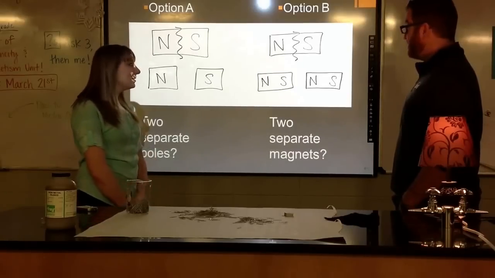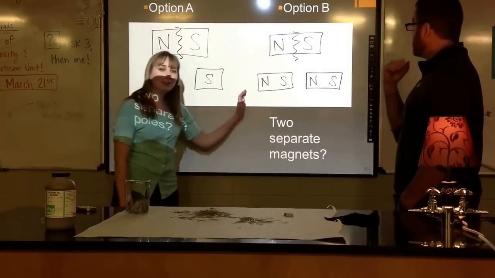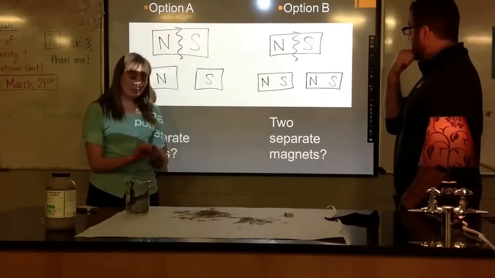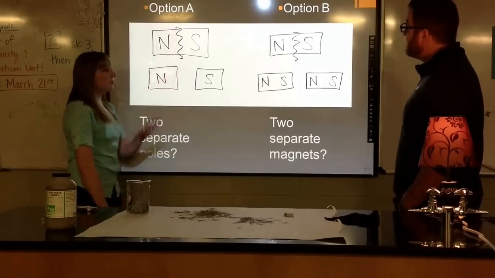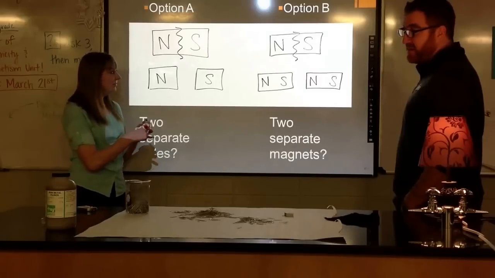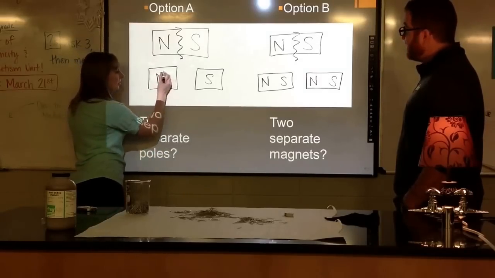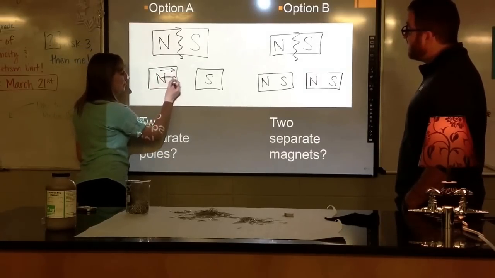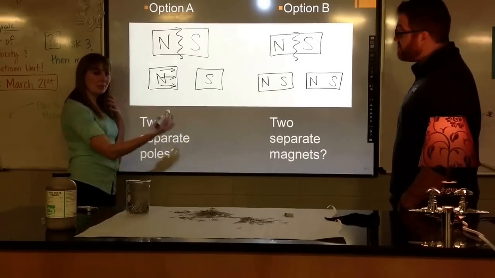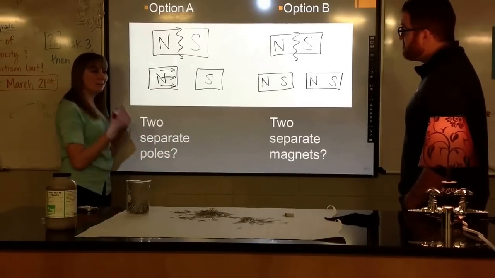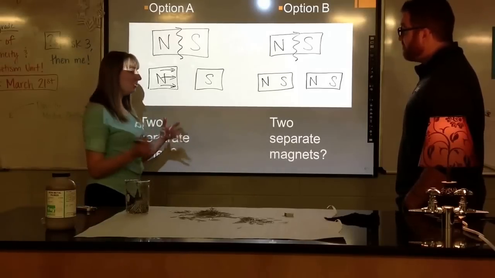Mr. B, you are correct. The correct choice here is option B. If you think about all of those domains lined up on the inside, if we're breaking the magnet in half, all those domains are still going to be lined up pointing in the same direction. So we're still going to have poles. We're still going to have the two sides with north and south pole being really strong.